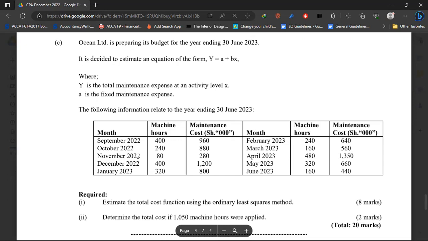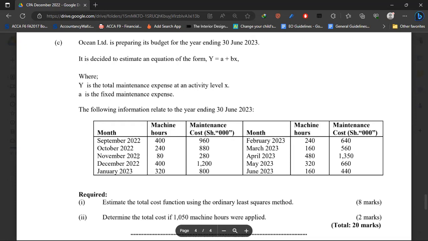Required: estimate the total cost function using the ordinary least squares method, and determine the total cost if 1050 machine hours were applied. We are being provided with 10 marks.